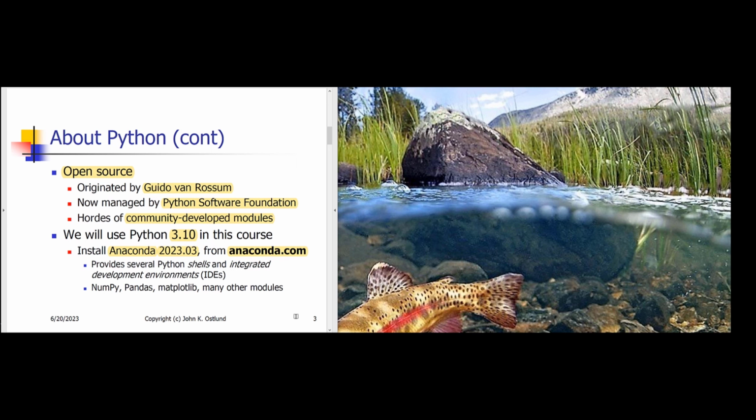Now, anaconda.com is happy to sell you stuff, support and so on. But for our purposes, since we're just using it for a class, we don't need to actually buy anything. And as I said, when you take a look at my installation video, you'll see how to go about setting it up.